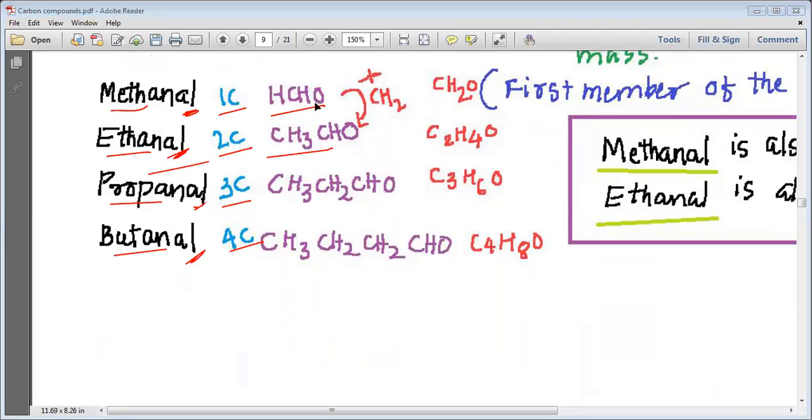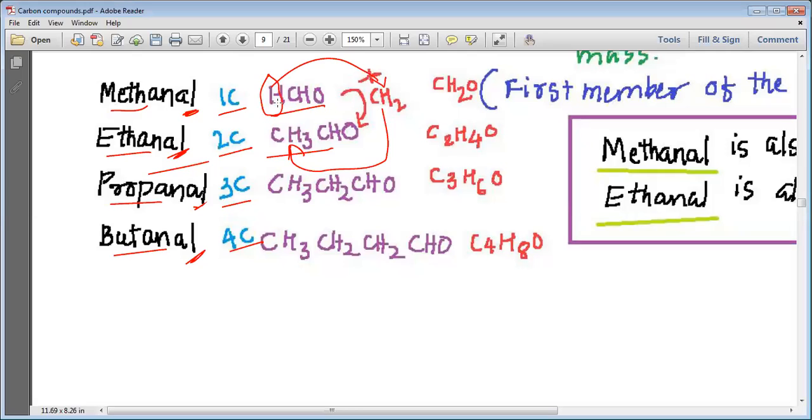When you have methanal, you have one H. This H is added to CH2, so it turns out to be CH3. From one carbon to two carbon, an extra CH2 group is added to the compound, so from methanal to ethanal we add CH2. Each time we add CH2, we get propanal. From propanal, if we add CH2, we get butanal.